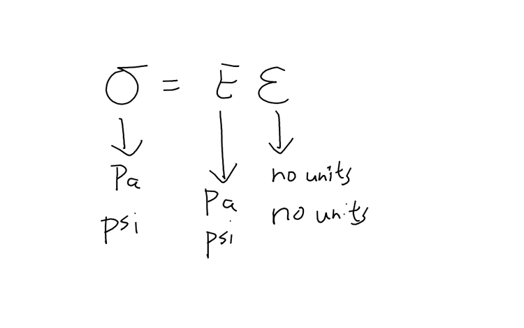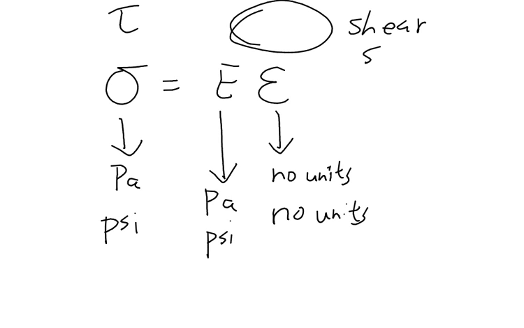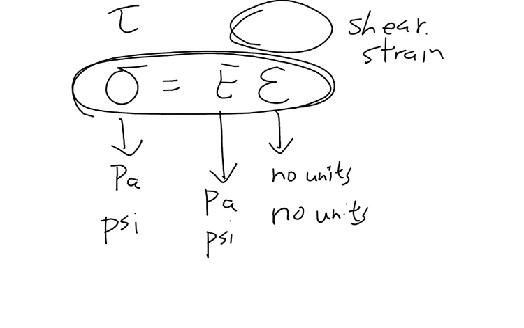So when it comes to shear strain and shear stress, we have tau. Remember, tau is also a force per unit area, so it has the same units. We want to come up with some kind of quantity for shear strain that follows the same pattern as what happens when we have normal stresses and normal strains.